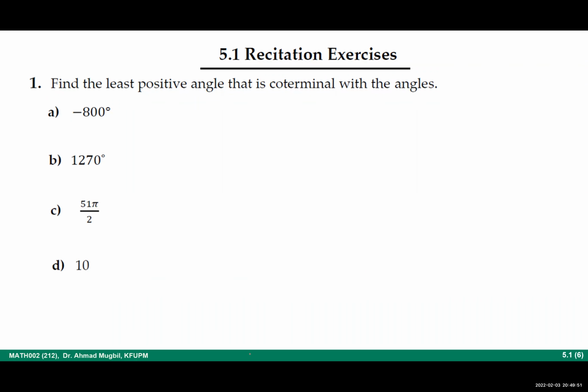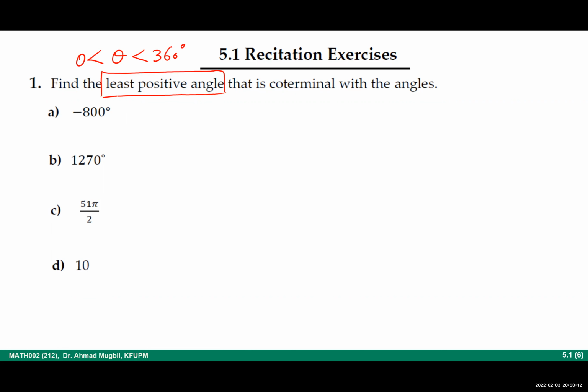How to find the least positive angle. The least positive angle, of course, positive means that it is greater than 0, and it is less than 360. Usually, we use this idea to find the quadrant of the angle.